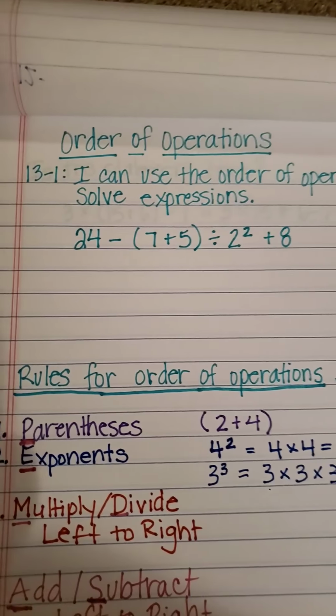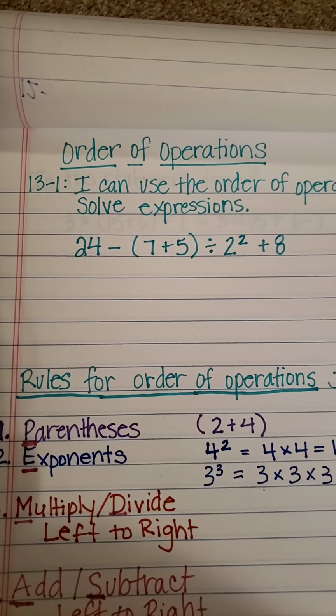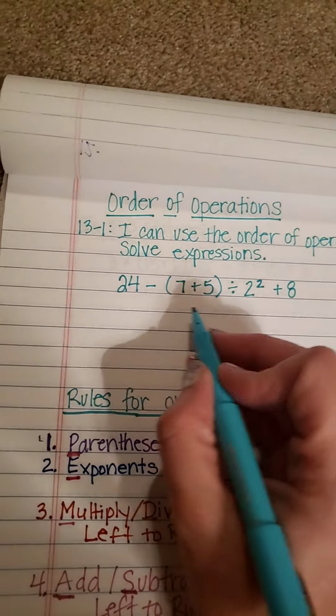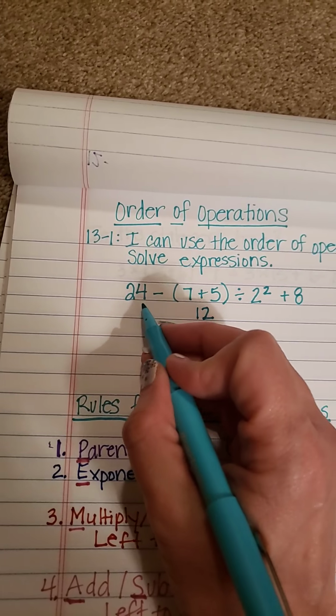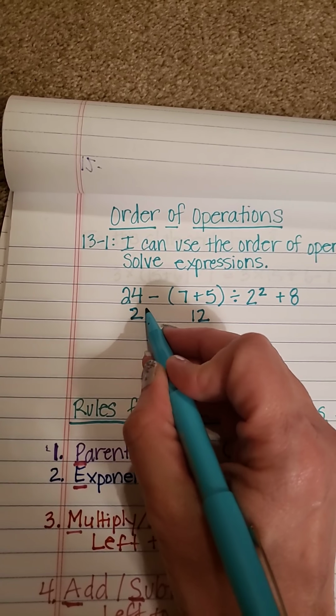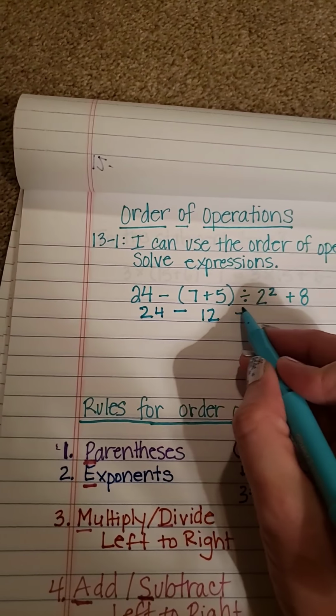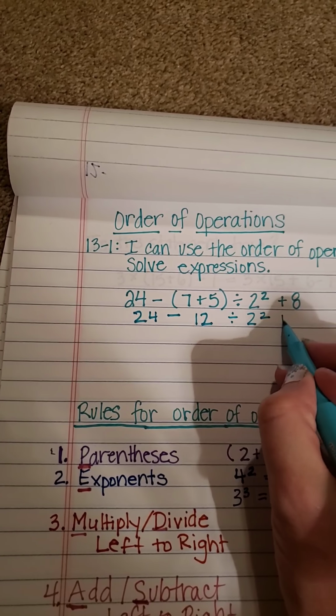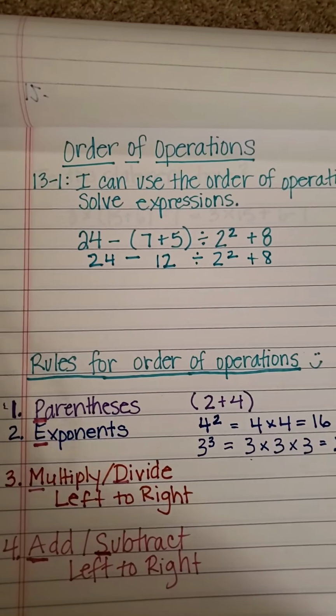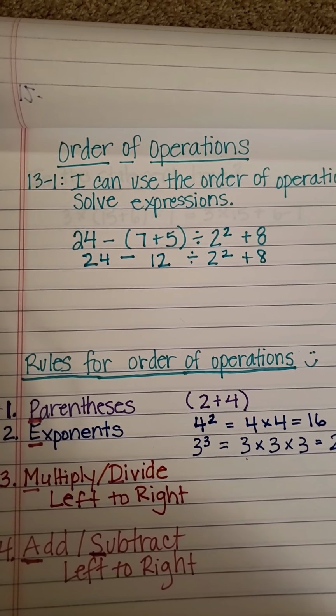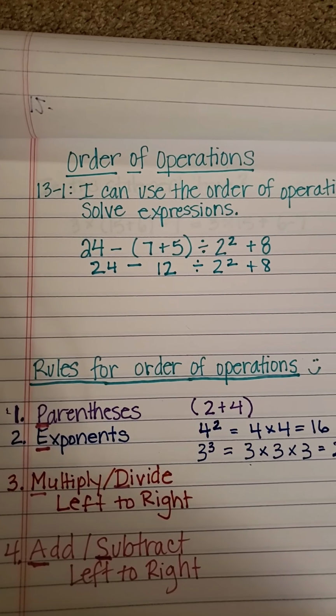Is there anything in parentheses in that problem? Yes, 7 plus 5. So we're going to add the 7 plus 5. And I just like to rewrite the whole thing. So now we've added the 7 plus 5 is 12, and now we've got our problem.